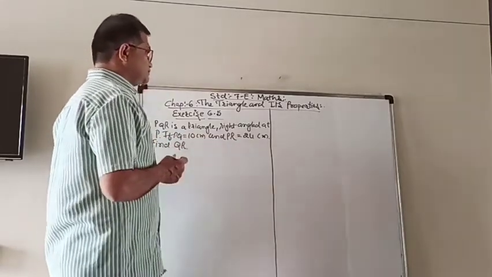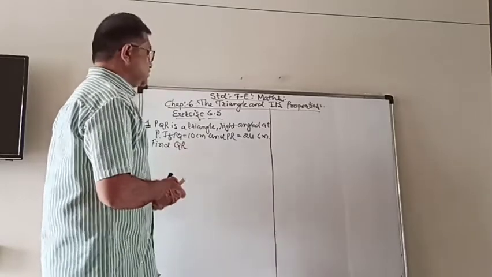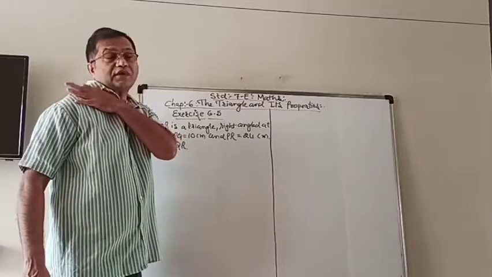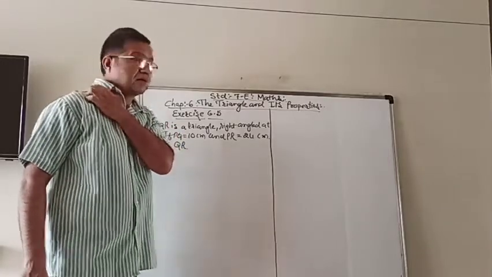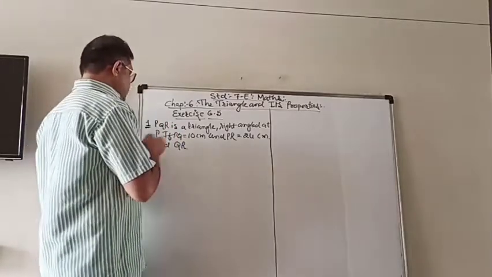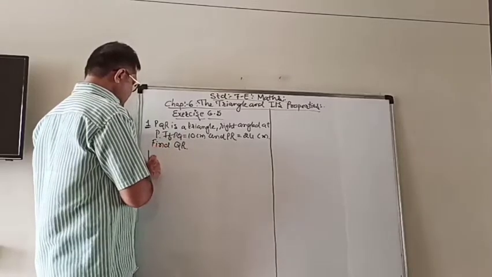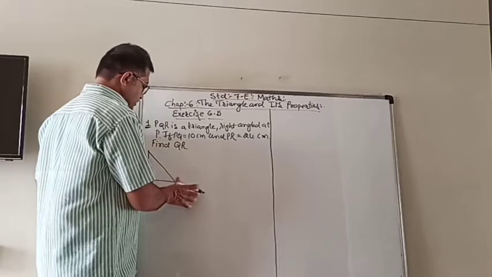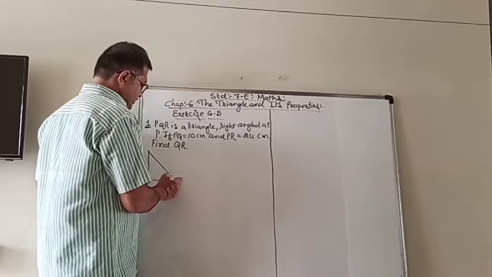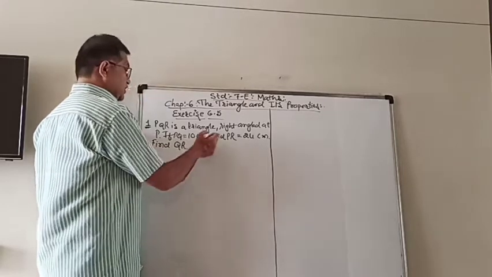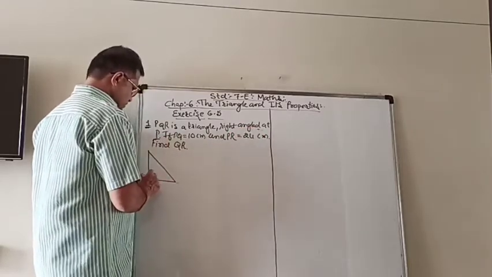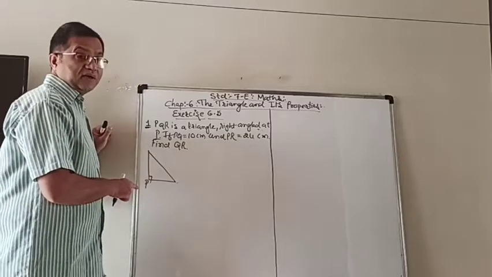Whenever there is this type of situation, the first step is to draw a rough figure of the right triangle. When you draw the triangle, keep in mind that right angled at P means P must be here at the right angle.